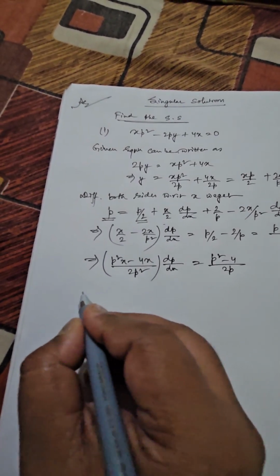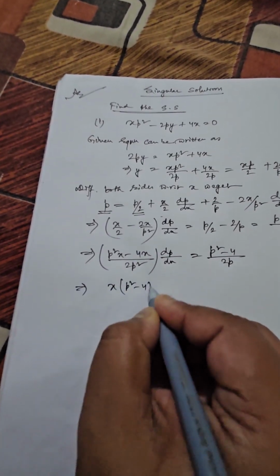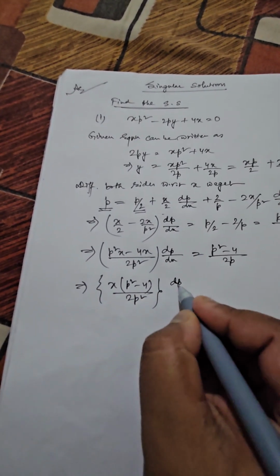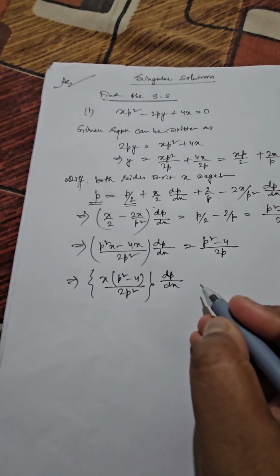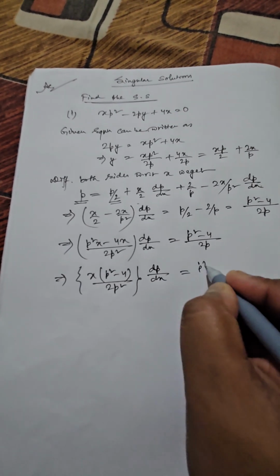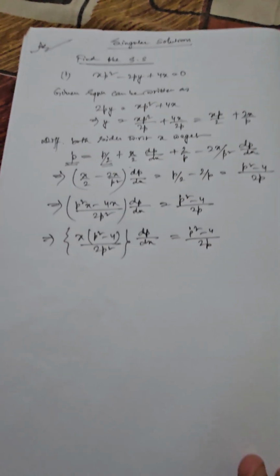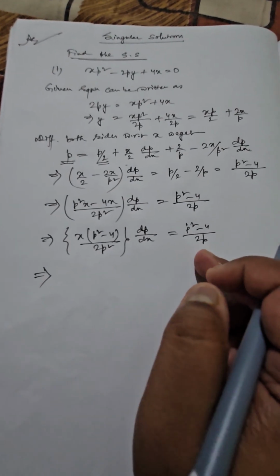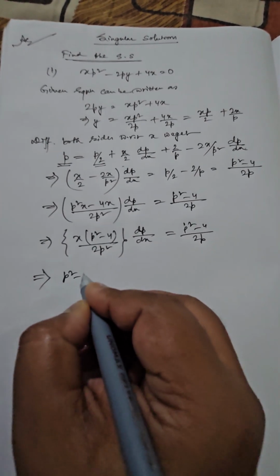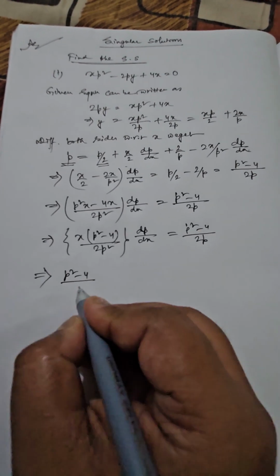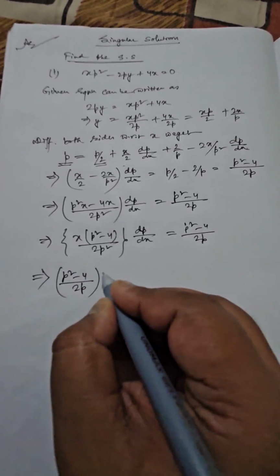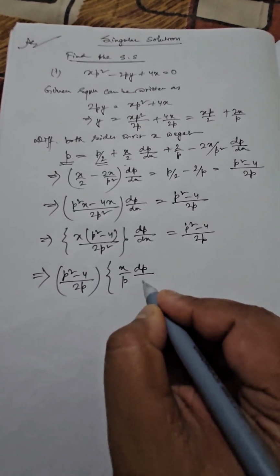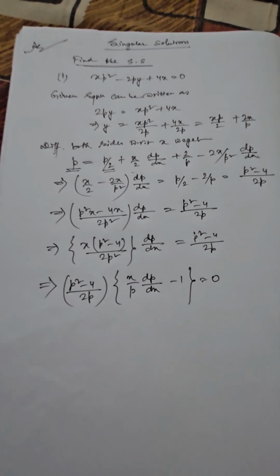Simply write this as x into p square minus 4 by 2p square dp dx equals p square minus 4 by 2p. Now take this entire portion to the left hand side, taking p square minus 4 by 2p as a common quantity. Within the bracket you will find x by p dp dx minus 1.